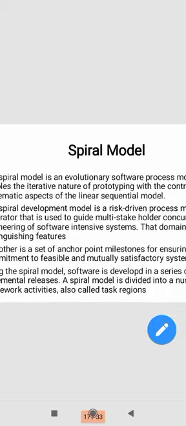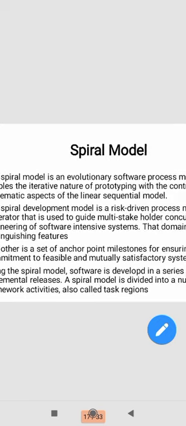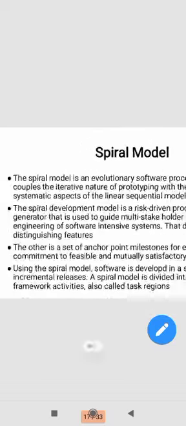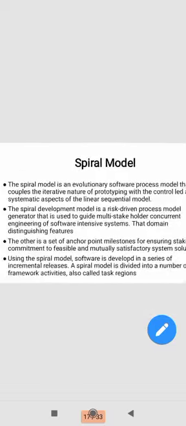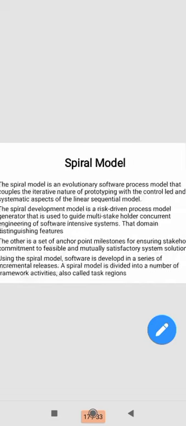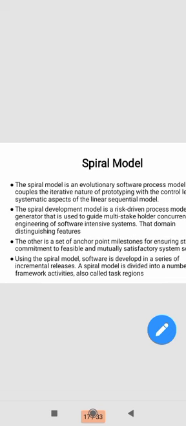Next one is the spiral model. The spiral model is an important model among the software engineering process models. It is an evolutionary software process model that couples the iterative nature of prototyping with the controlled and systematic aspects of the linear sequential model. The spiral development model is a risk-driven process model generator used to guide multi-stakeholder projects.